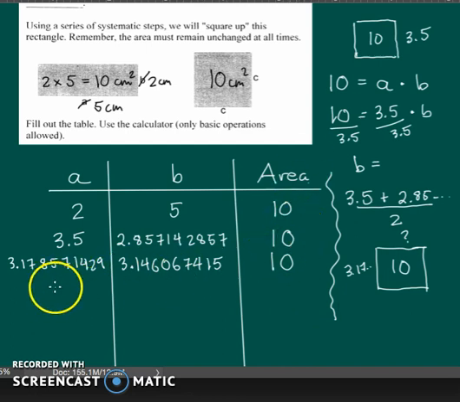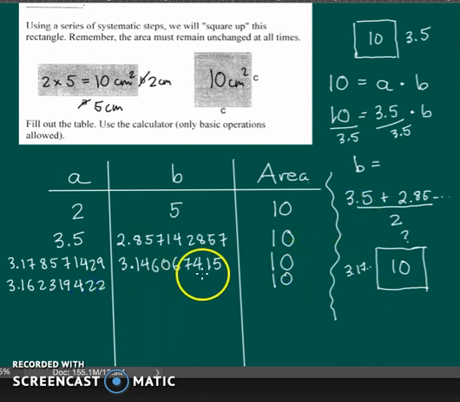So once again, are these two numbers the same? No, they're not, but they are quite a bit closer than our last estimate. So we're getting closer to an actual square, but we're not quite there yet. So let's repeat the process. I'm going to find the average of these two numbers, our last two guesses for A and B, and the number that I get is 3.162319422.